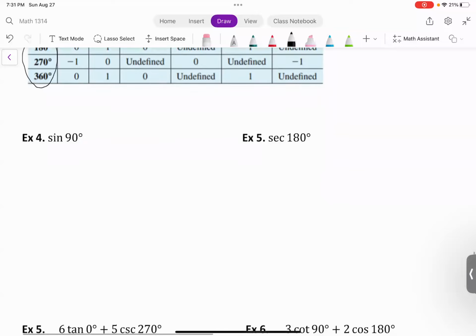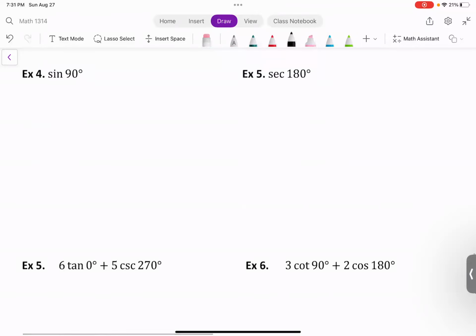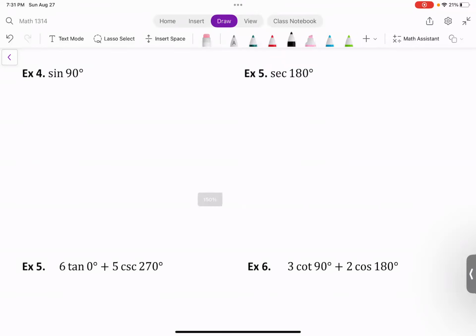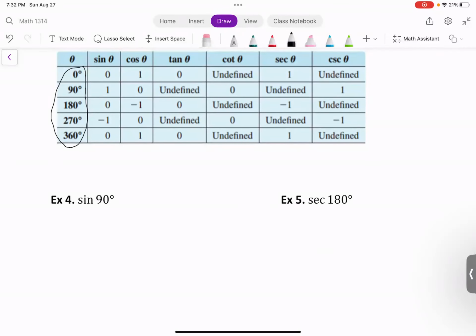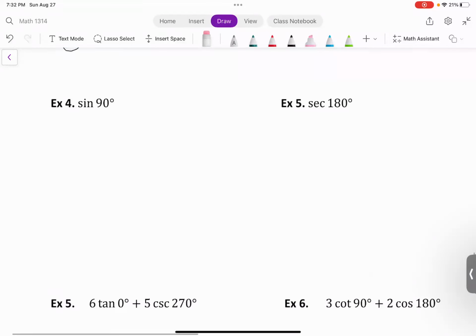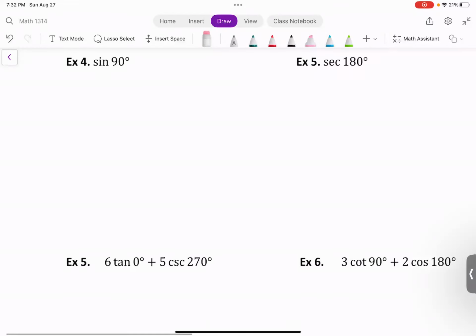Let's see if I do not use the table. If I'm using the table, I know that sine 90 is 1. So I can put a 1 here. But if I don't remember the table, what should I do?